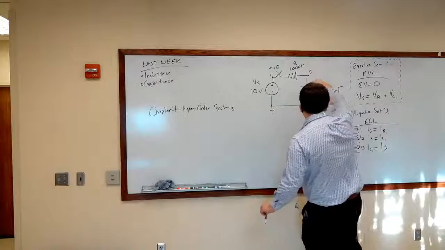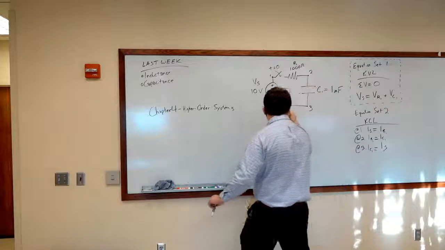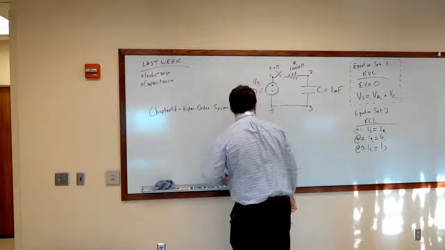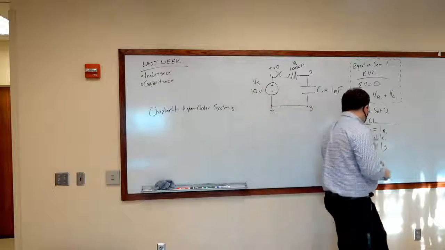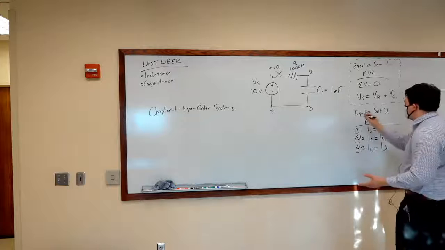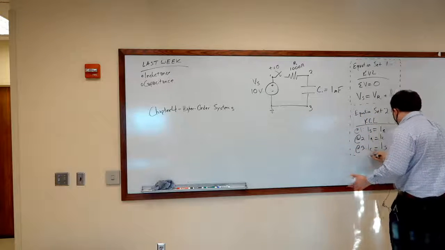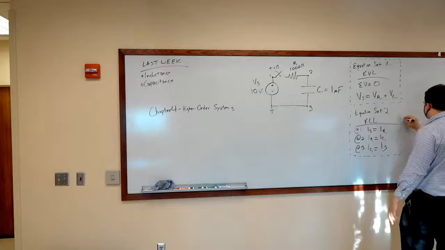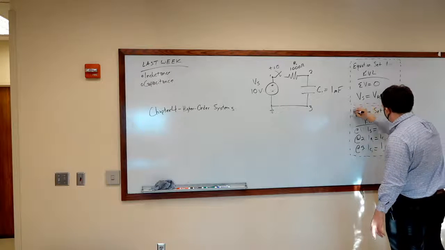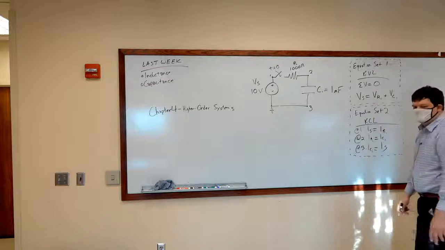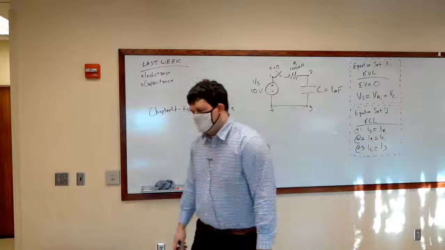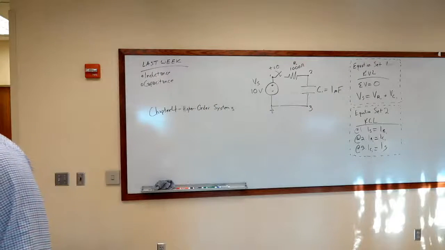Okay, all of the current that's coming out of the capacitor goes through node 3 and into the negative terminal of the battery. So this is our equation set number 2, which I then boxed. And now it's time for me to move the camera again.